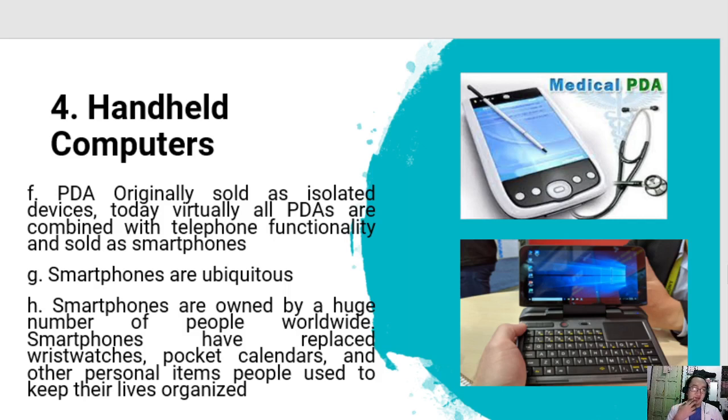You can have notes there. You can have organizers there, and many more. Many people might be more comfortable having this in their pockets every day, in and out of their houses. That's how smartphones are in demand nowadays.